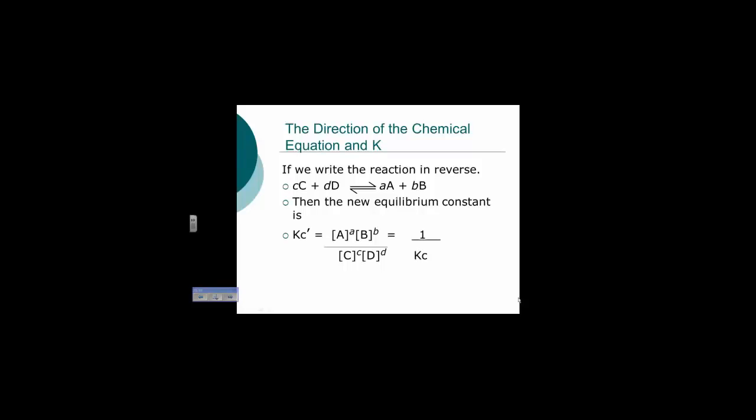We don't necessarily do this as positive and negative, as Hess's law would indicate for endo and exothermic. Now let me repeat that. Originally in Hess's law, when we use heats, delta H, we wrote positive for endothermic and negative for exothermic. This is very different. We're not using heats here, we're using equilibrium constants.